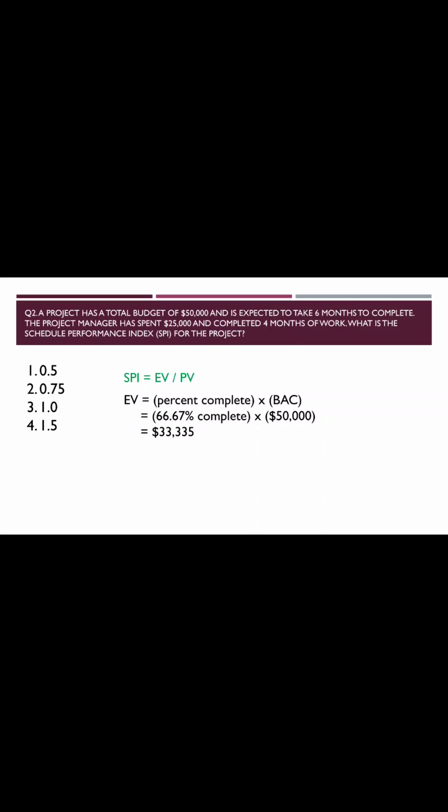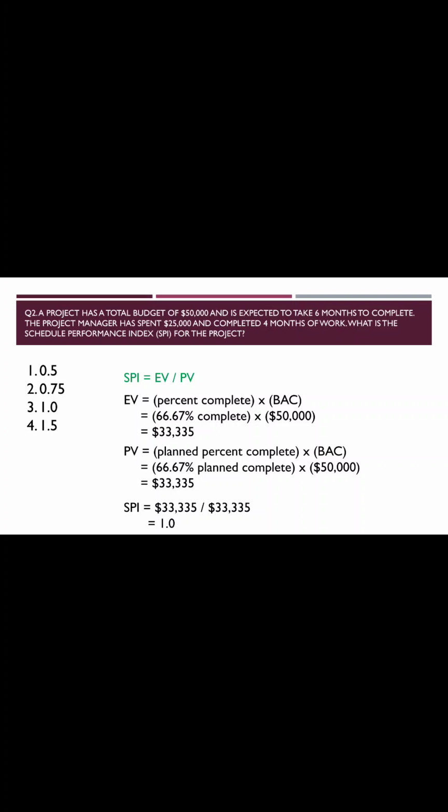Now it's time to calculate the planned value. So planned value is planned percent complete multiplied by BAC, which is again the same in this case. So now you can easily calculate the SPI and it comes as 1. So the SPI is 1, indicating that the project is on schedule. So in this case, our correct answer is option 3.